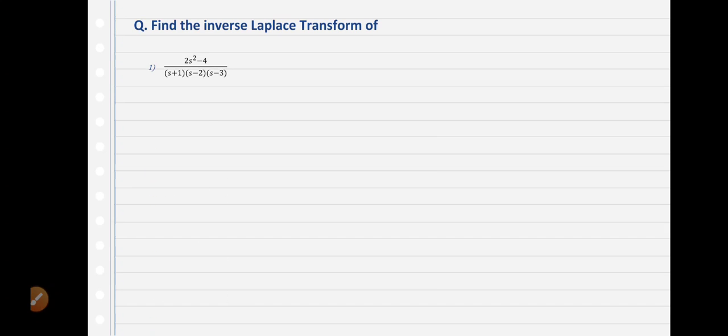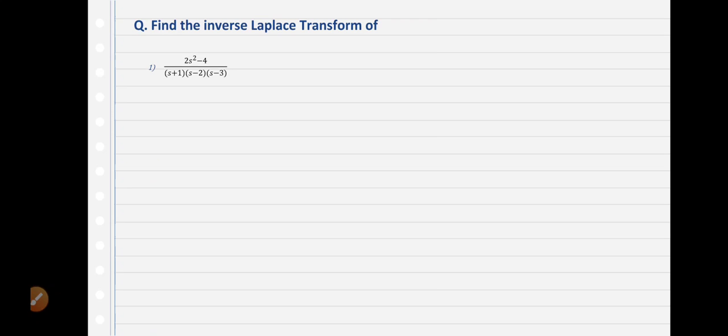So the first example here: 2s square minus 4 divided by (s plus 1) into (s minus 2) into (s minus 3). Now first, as I have already told, we have to check the degree of numerator and denominator.